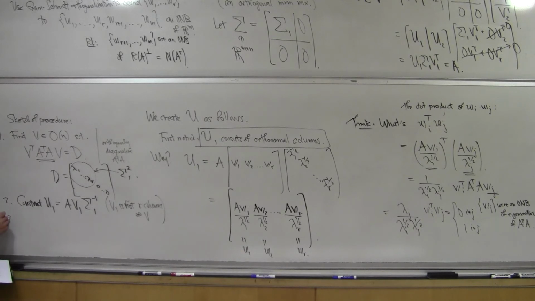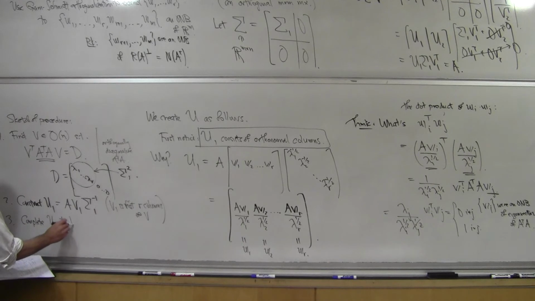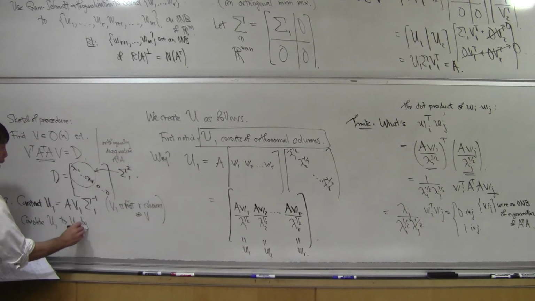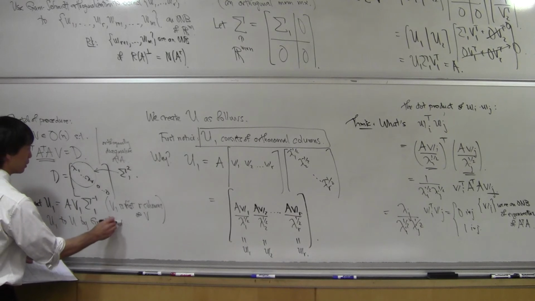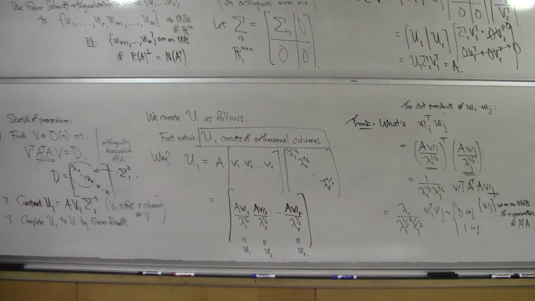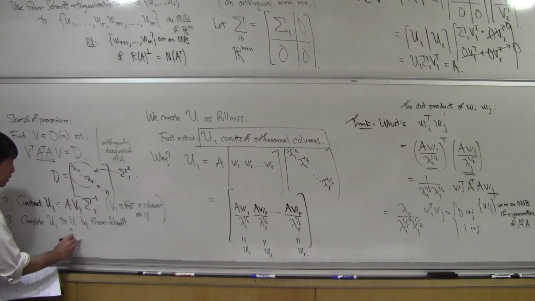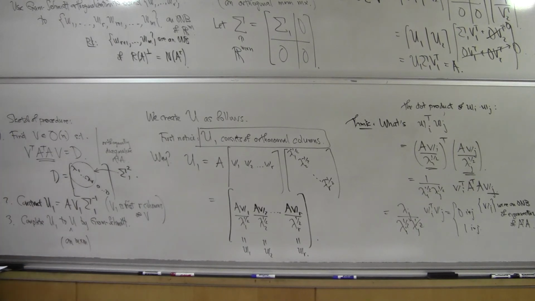And then the third step is to complete U1 to U by Gram-Schmidt, to make the remaining columns.